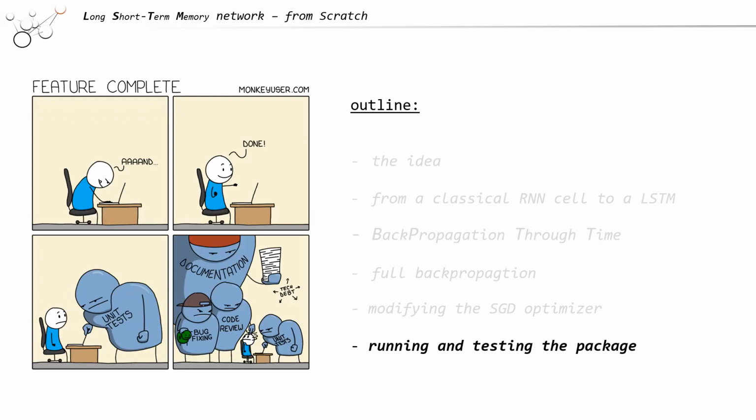So therefore we can just put it into a package, and then we can of course run the package. So we want to run the training then thoroughly for many epochs, for different training parameters. And of course, finally, we want to apply our LSTM to a new data set, to new data, and want to compare the performance of the LSTM to the classical RNN that we have created earlier, and we'll see the difference.